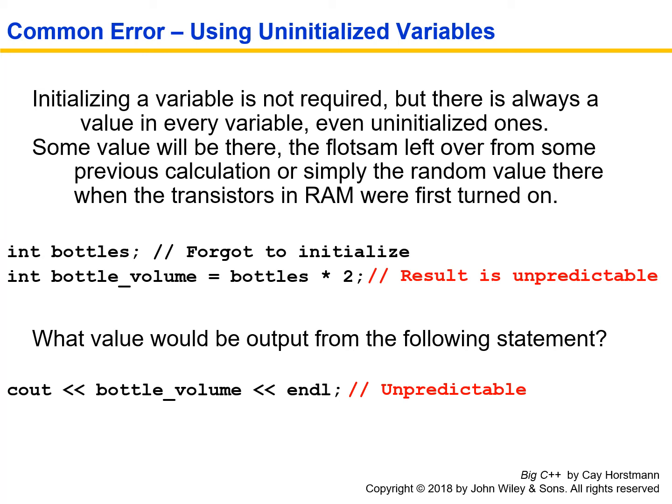And so int bottle volume equals bottles times 2. Bottles contains a random value pulled from memory, which is probably something quite extraordinary, like 2,342,000 or something. So when you output bottle volume, you're going to get a completely unpredictable result.